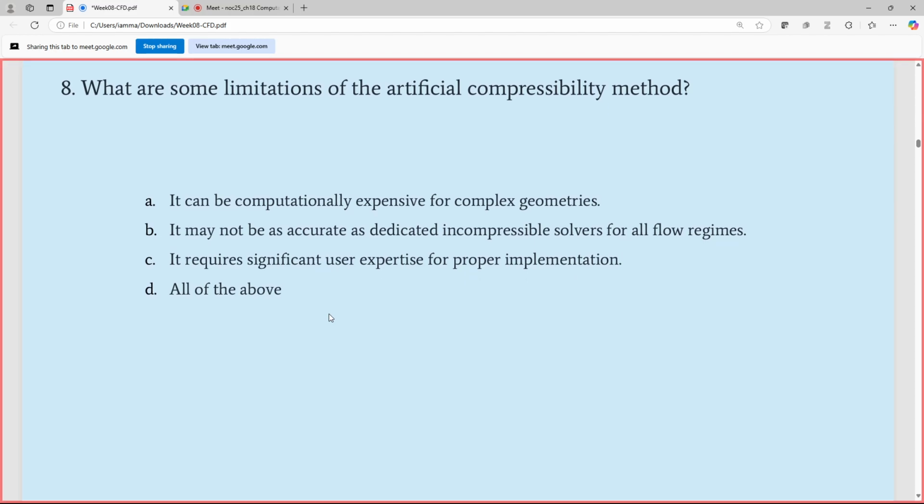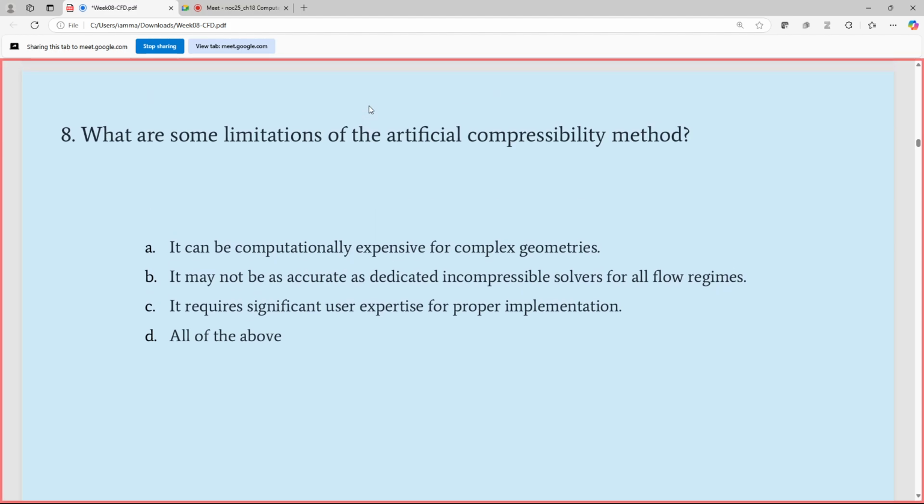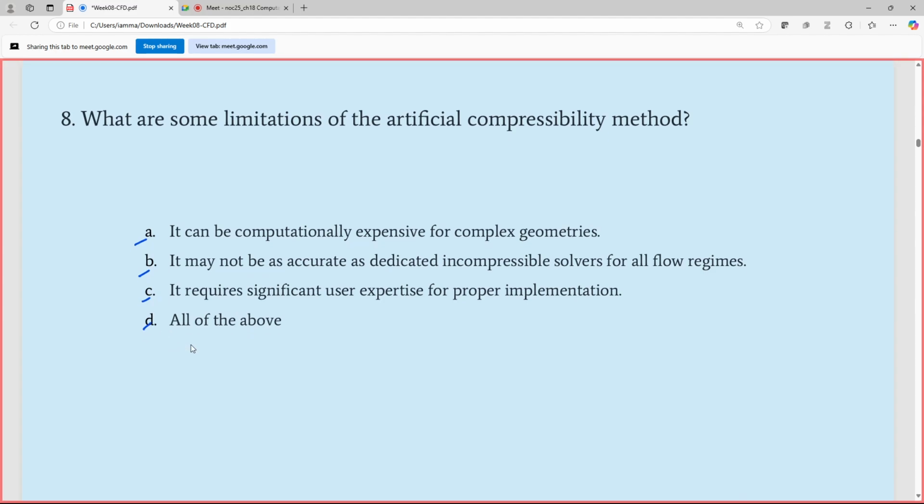Next question. What are some limitations of artificial compressibility method? Options are: option A, it can be computationally expensive for complex geometries; option B, it may not be as accurate as dedicated incompressible solvers for all flow regimes; option C, it requires significant user expertise for proper implementation; option D, all of the above.